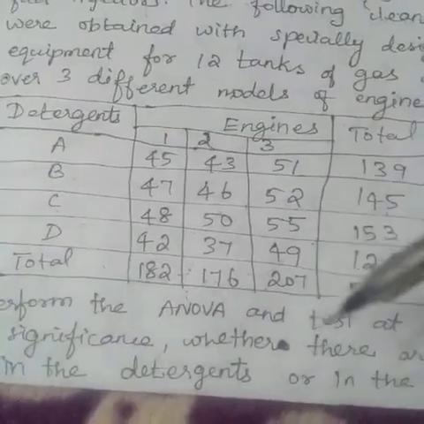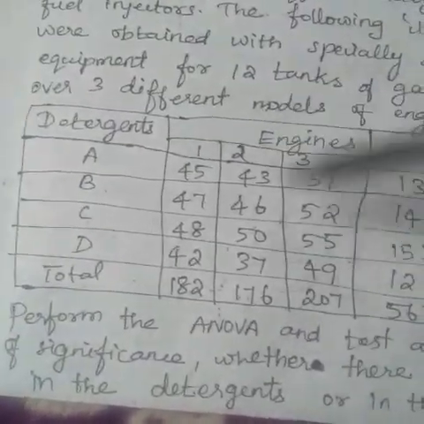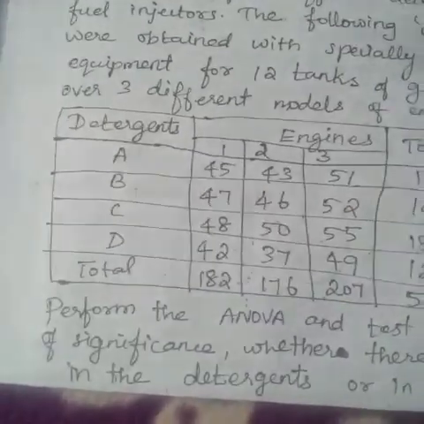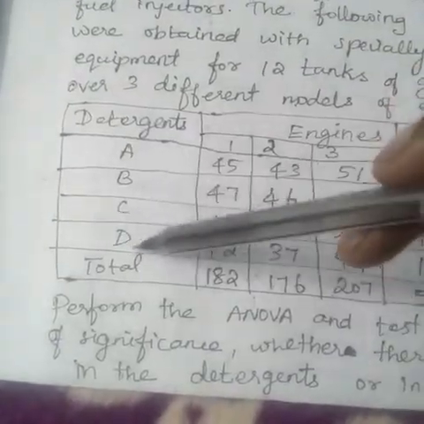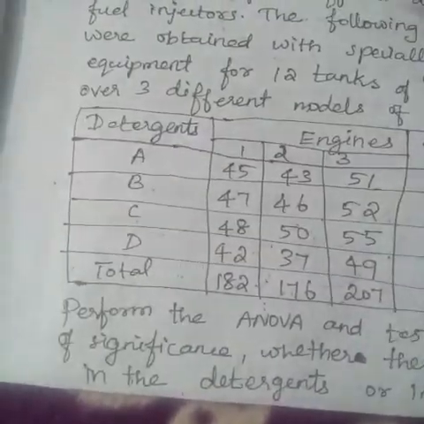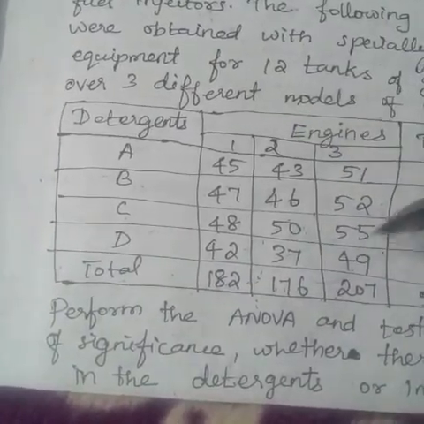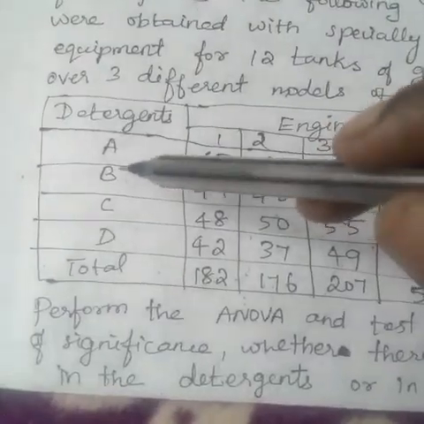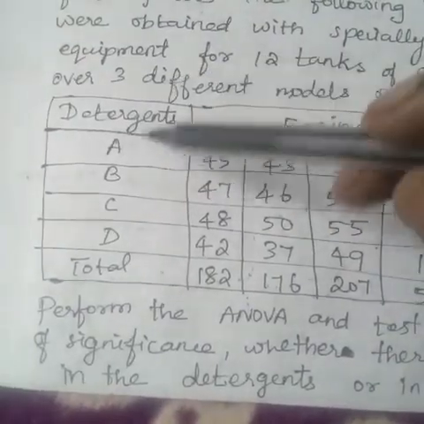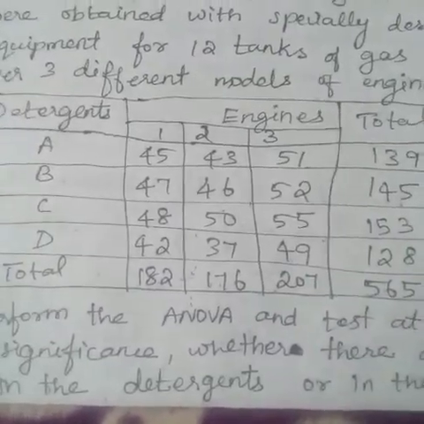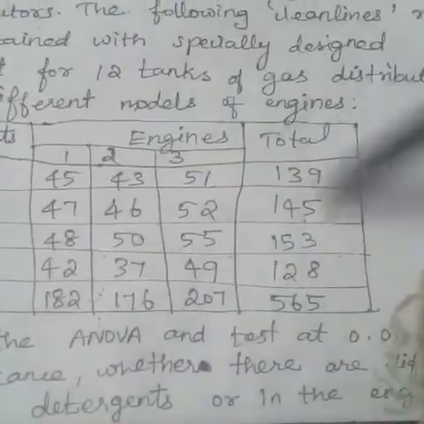We have engines 1, 2, 3 arranged column-wise, and we have detergents A, B, C, D, 4 different detergents for cleaning the fuel injectors of these engines. So the detergents are arranged row-wise and the engines are arranged column-wise. So it is a two-way classification.